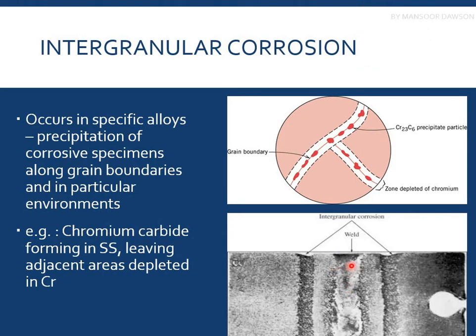The heat from the melting would be diffused throughout the part, since metals are conductors, and this line you can see has intergranular corrosion.